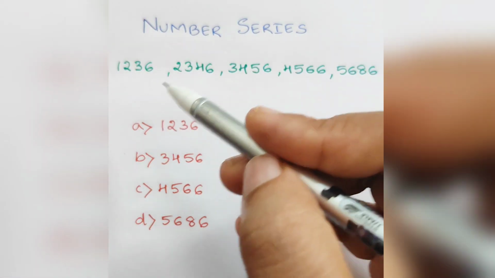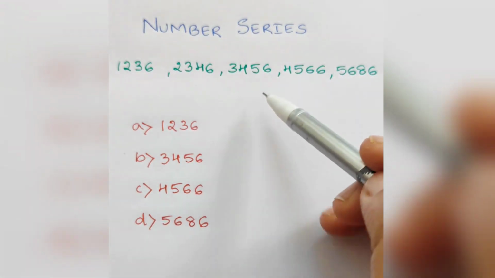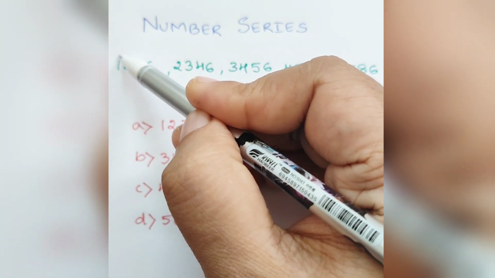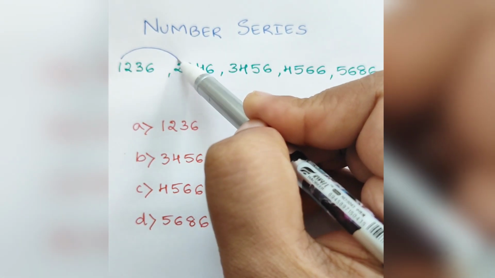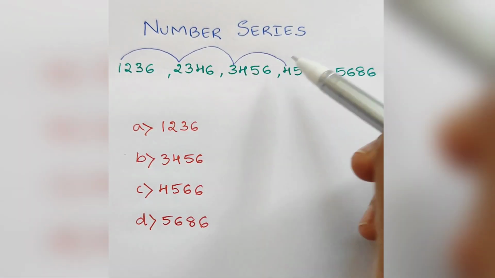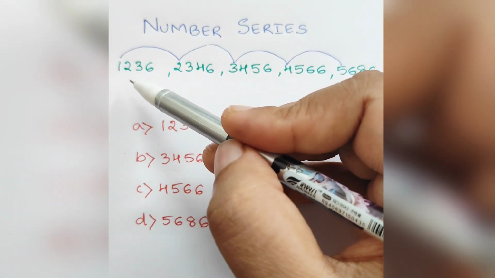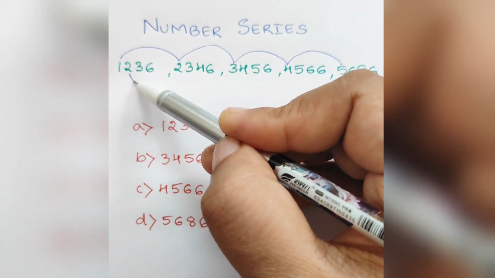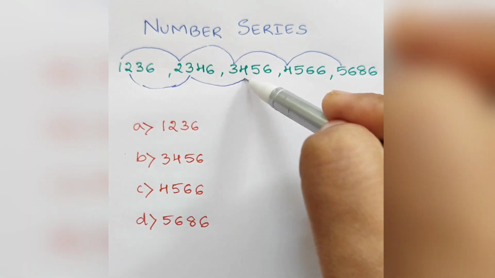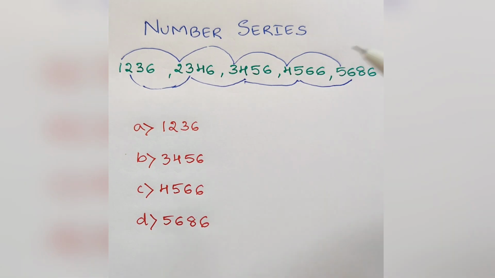Here, find the wrong number in the given series. Look at this series carefully. We can see that here it is 1, 2, 3, 4, 5. The next digit is 2, 3, 4, 5, 6.